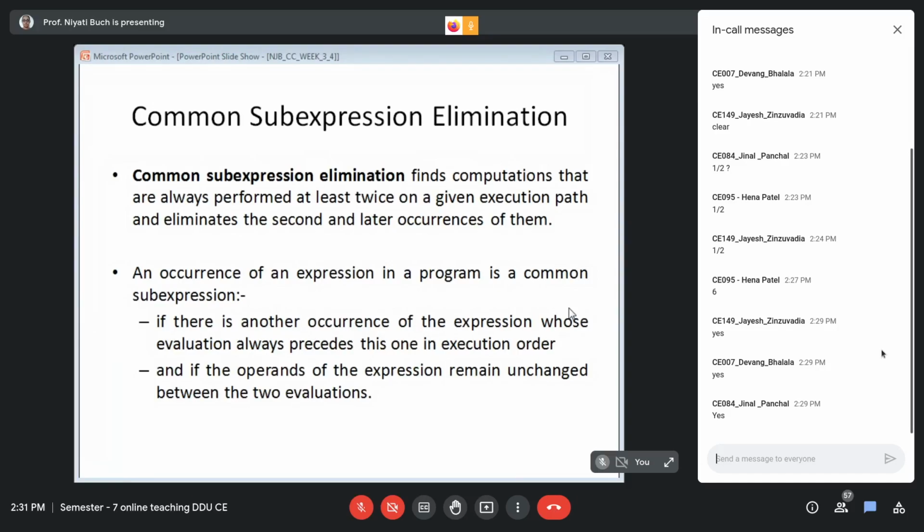You don't have to calculate them multiple times. If it is calculated once, then the subsequent computations are to be eliminated. So the major task would be to identify the common sub-expression. Only then will we be able to eliminate it.